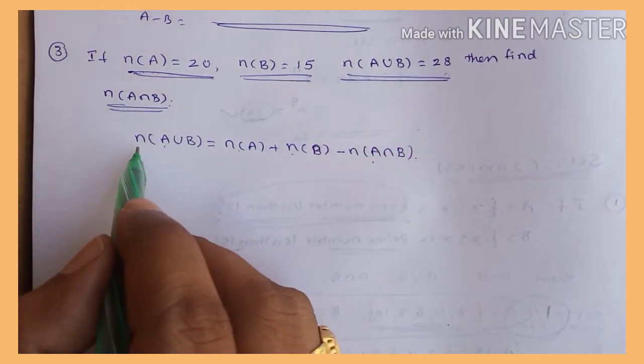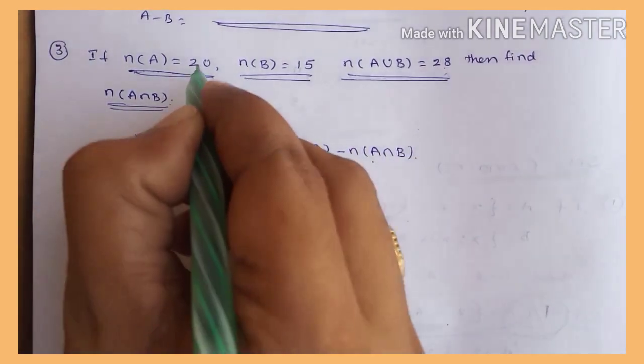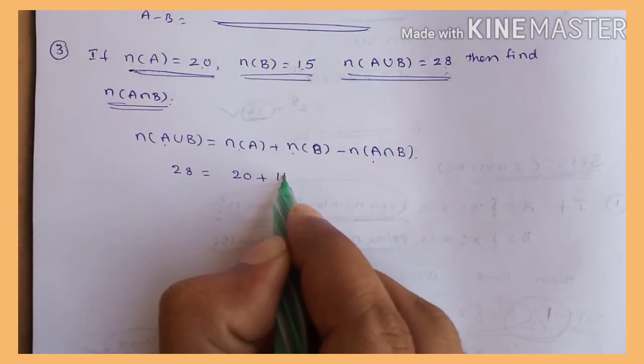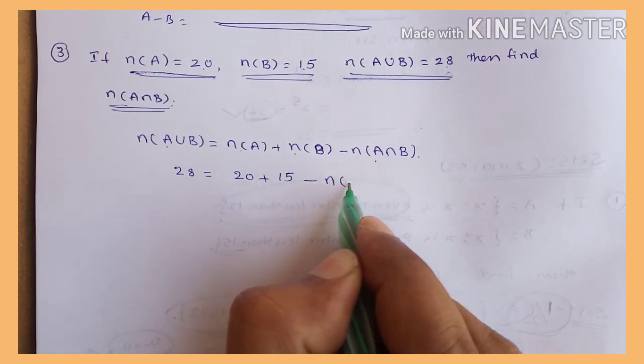Right, now A union B is equal to 28. Number of A is equal to 20, number of B is equal to 15, then number of A intersection B, that we have to calculate.